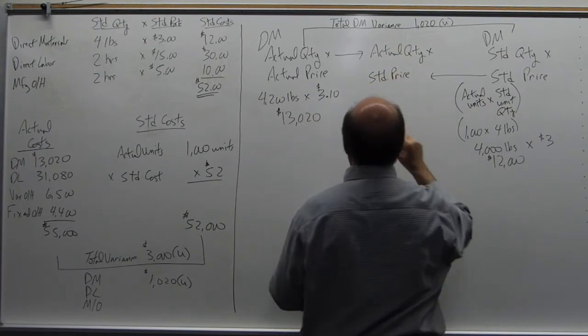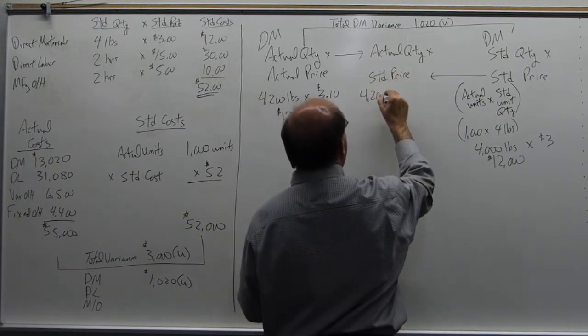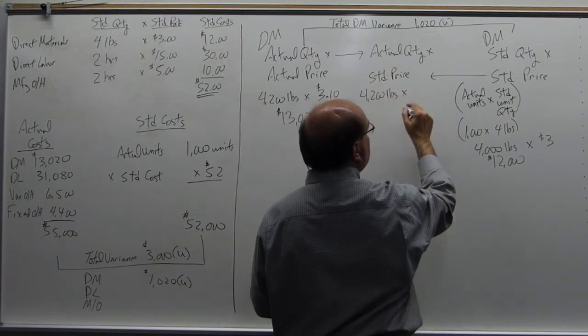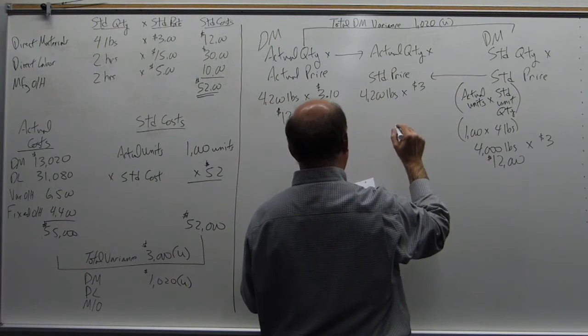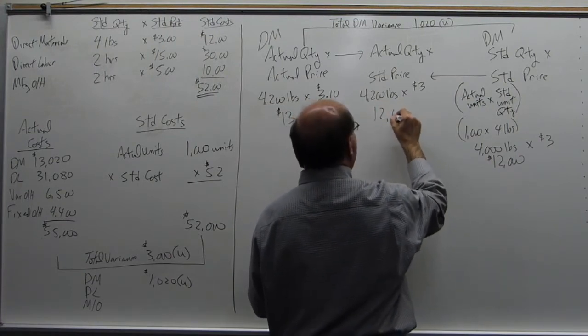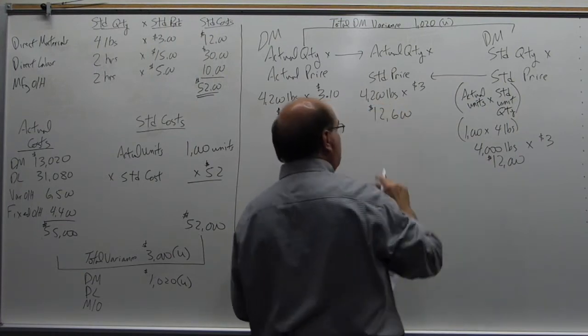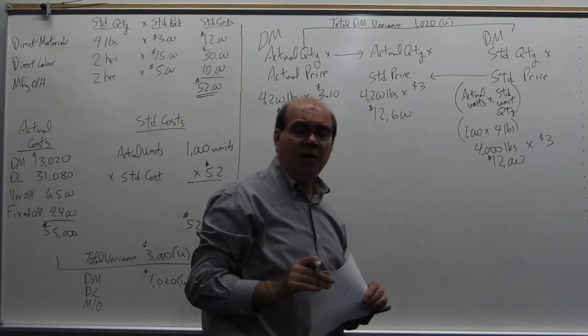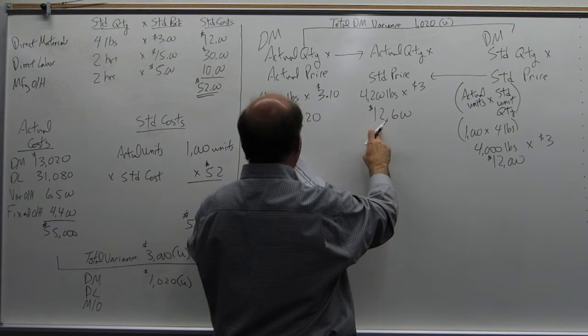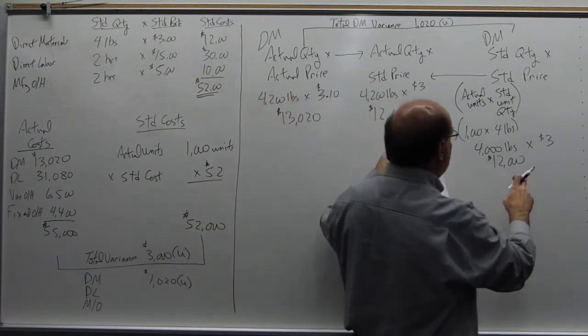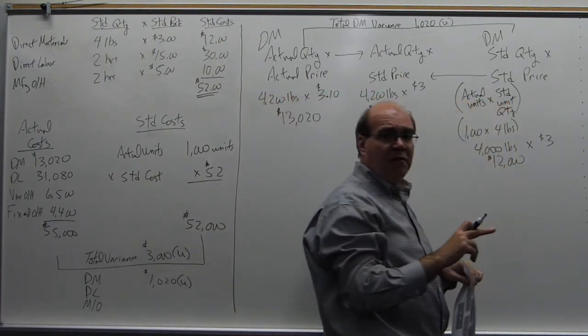If you do that, you have 4,200 pounds times $3, which works out to be $12,600. If you do that, you can already find your variances, because the difference between these two is going to be your price variance, and the difference between these two is going to be your quantity variance.